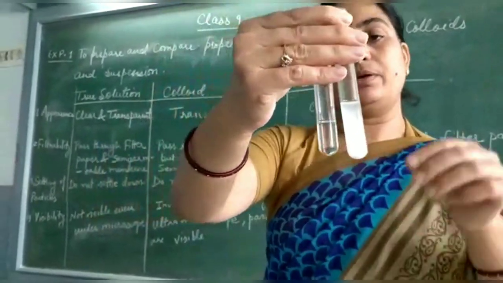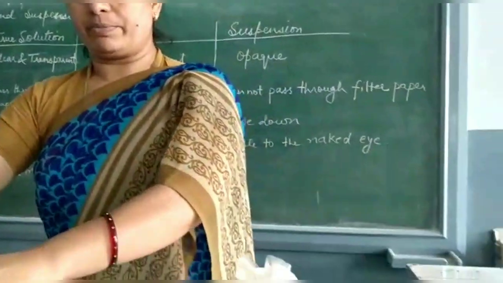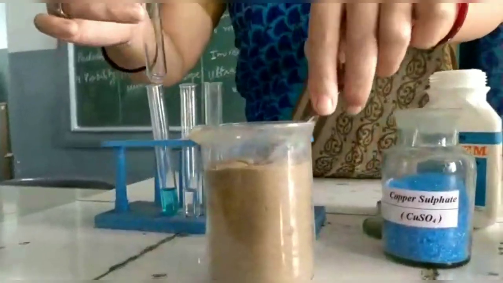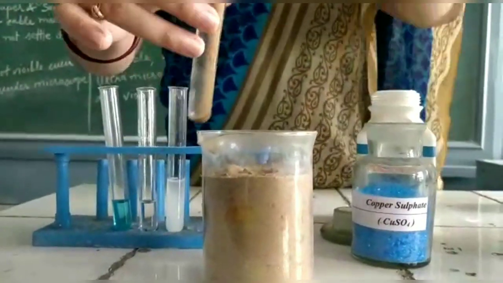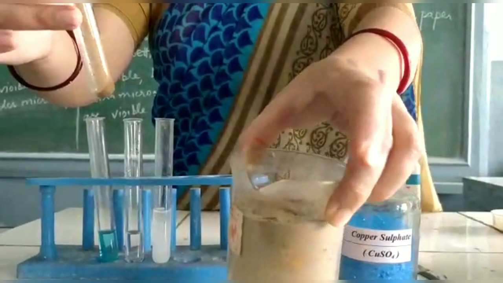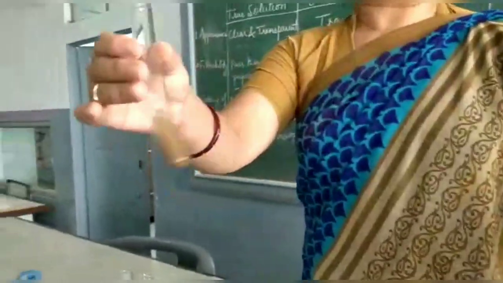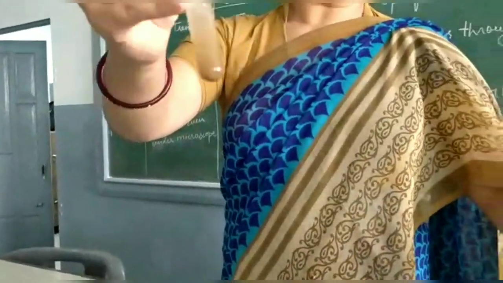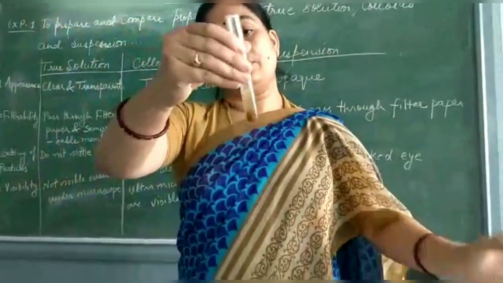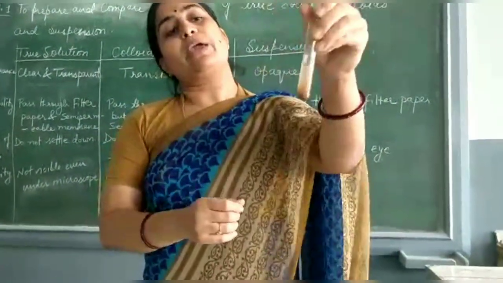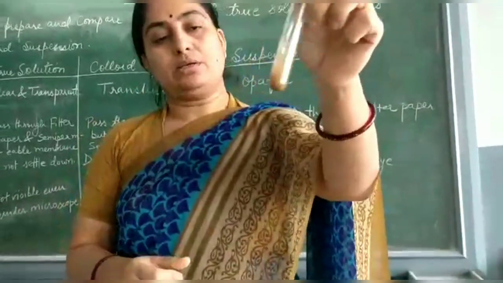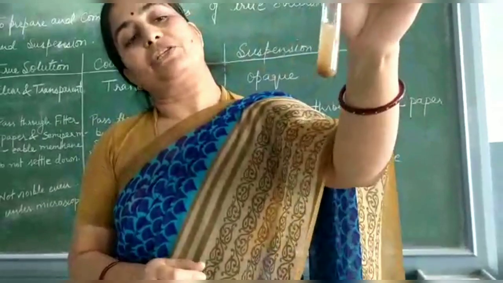Now I'm going to prepare suspension also, then we'll compare all three on the basis of their appearance. For making suspension, I have taken sand, you can see, and I add some water to it and try to mix it. After mixing and leaving it, we found that we have an opaque suspension.